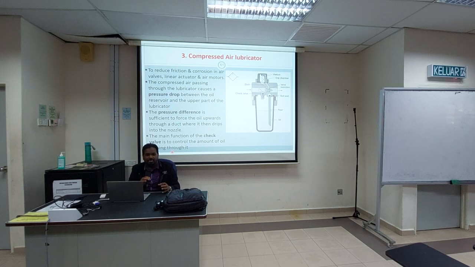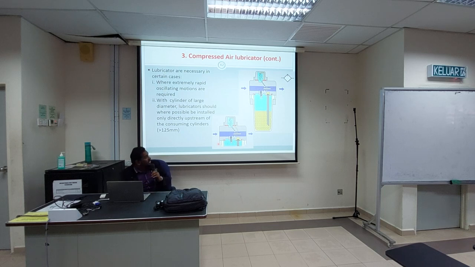So what you need to do now, you need to introduce a little bit of oil in your compressed air, so that dia akan pergi kena dekat all the equipment, all the valves, dia boleh provide lubrication, so that dia takkan jadi aus. It won't make the equipment become too dry, or it will provide a certain amount of oil to lubricate the system.